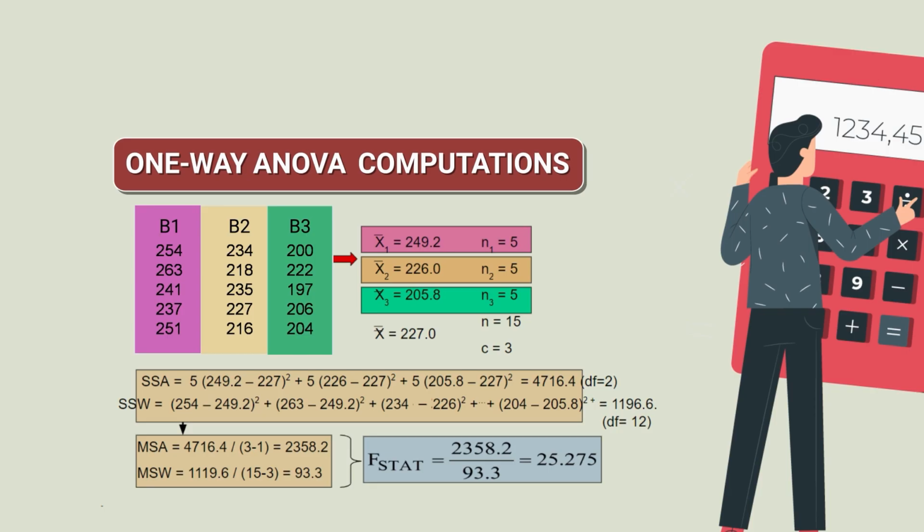So the sample mean of the first sample is 249.2 and the first value of the sample is 254. So 254 minus 249.2, whole square, plus the second value in the first sample, 263, minus the mean of that, and so on. Then we go to the second sample, value 234, the mean of the second sample is 226, square of that, and so on.